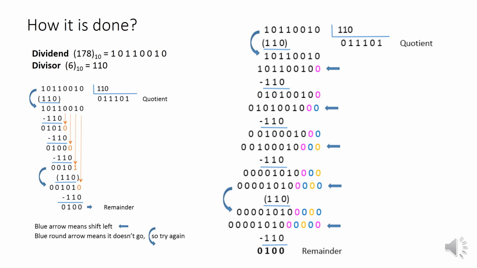Note also that in the new method, the partial remainders are shifted to the left. The blue straight arrow means shift left. The blue round arrow means it doesn't go, so try again, restore.